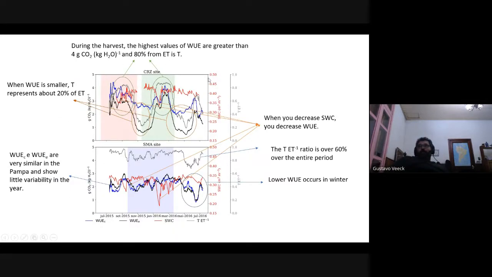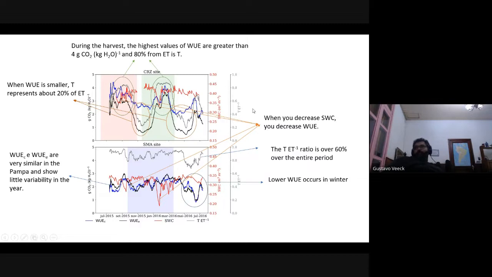During the harvest, the highest values of water use efficiency are greater than 4 grams of CO2 per kilogram of water, and 80% of ET is transpiration. When the water use efficiency is smaller, the transpiration represents about 20% of ET.